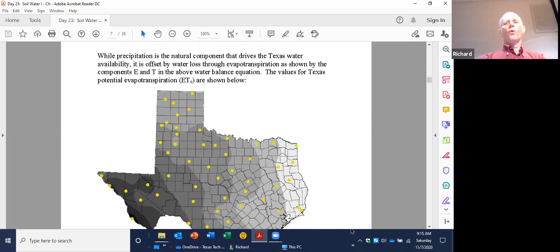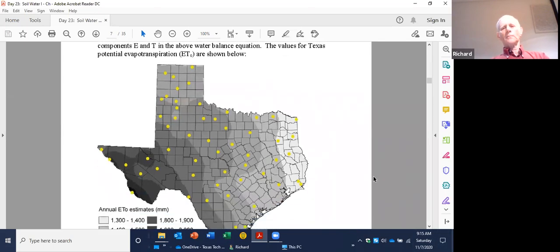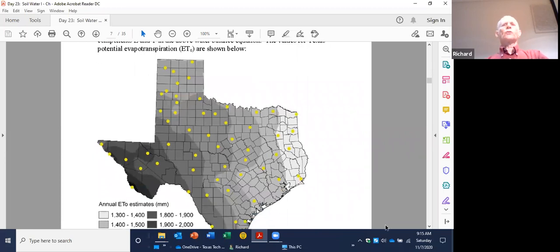And the values for Texas potential evapotranspiration, ET0, are shown below. Now, we also have vertical bands going through the state with fairly low evapotranspiration in the east. And then as we march further west, the evapotranspiration rate increases.